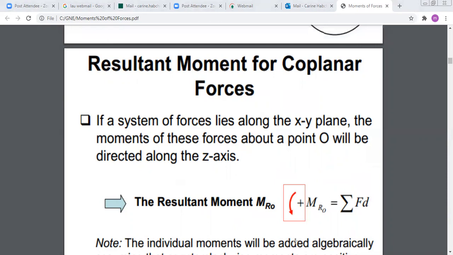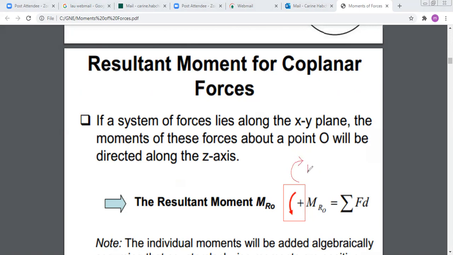If you consider that positive moment is in the counterclockwise direction, you put this arrow. And if you want the opposite convention, you put an arrow like this, and you say that this is positive.